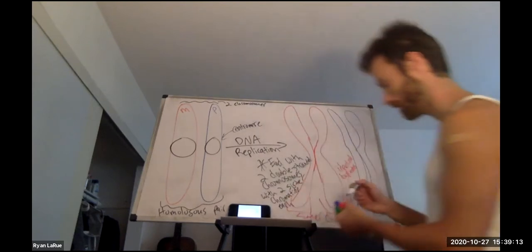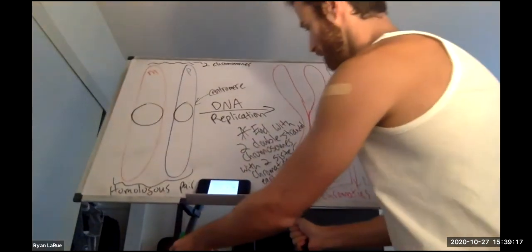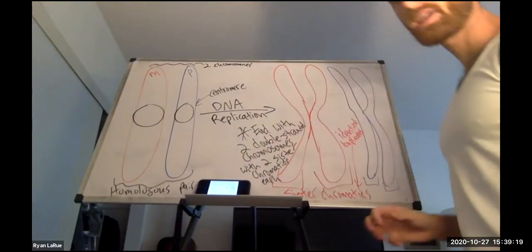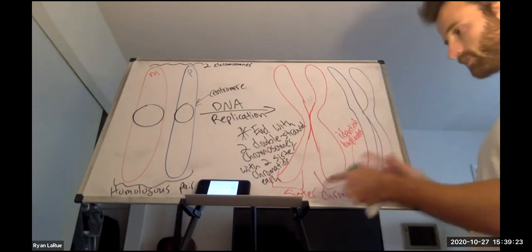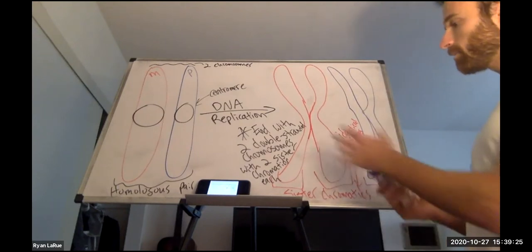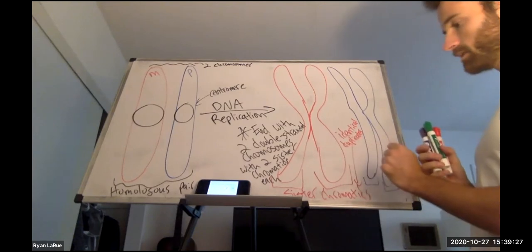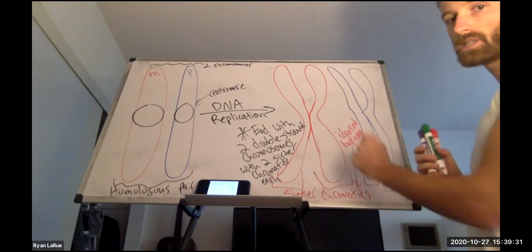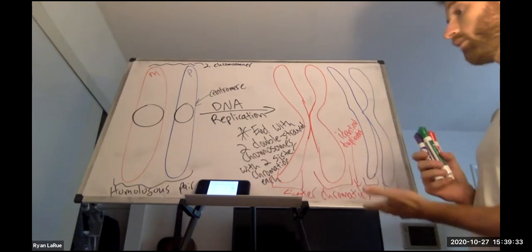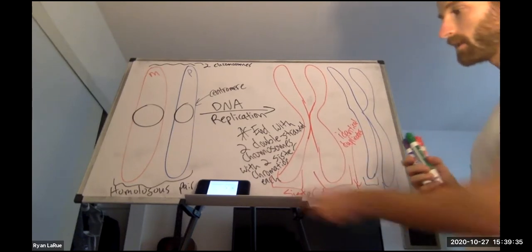Running out of room there. So after we duplicate our DNA into identical strands, sister chromatids, we end up with 2 double-stranded chromosomes, and each chromosome here has 2 sister chromatids. So we have a total of 4 sister chromatids, right?